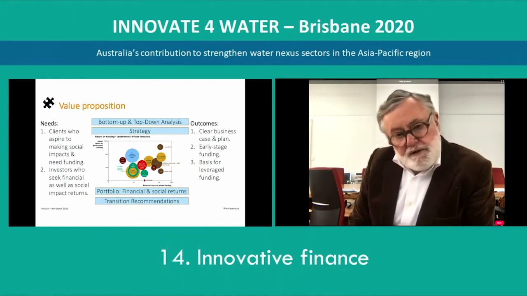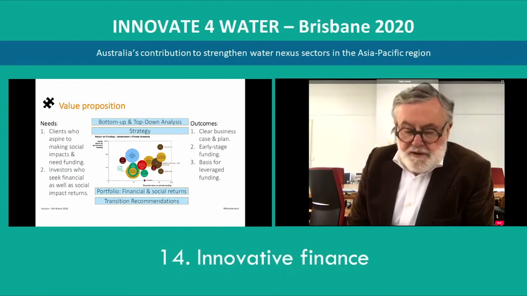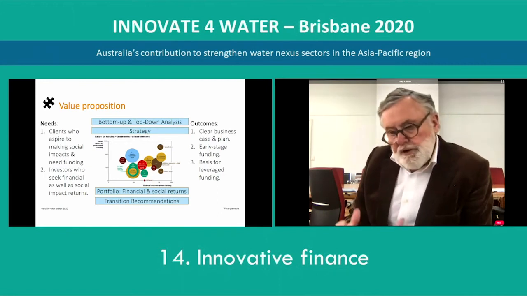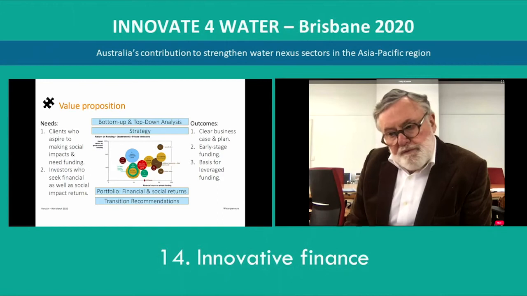So FRS is a solution to this problem. We take the view that investment is investment. You don't have to call it impact investment or investment for climate or anything else. You simply need to focus on the criteria and how to make those work. There's no need for trade-offs. What we've just found in our work is that you can achieve through the same mechanisms strong returns to community, government and to investors.